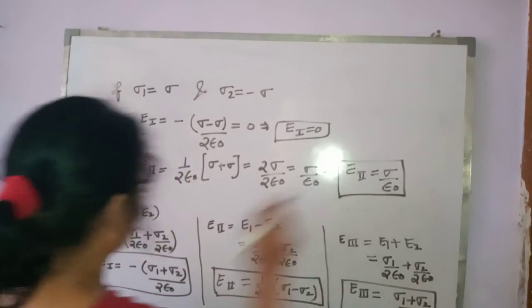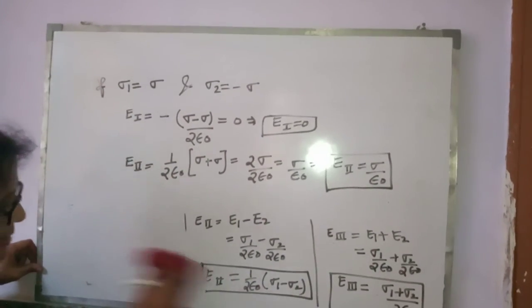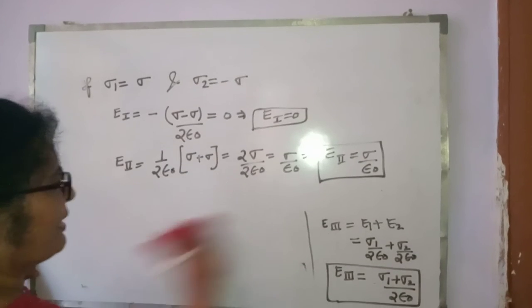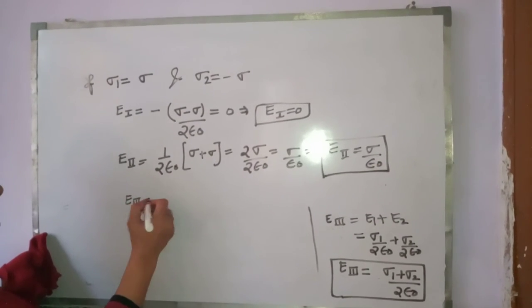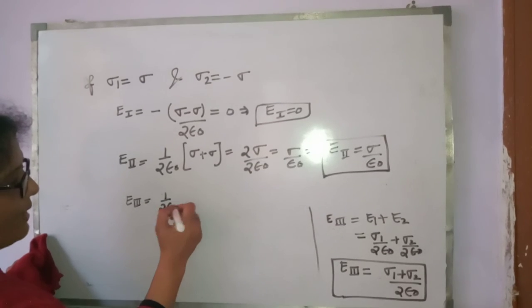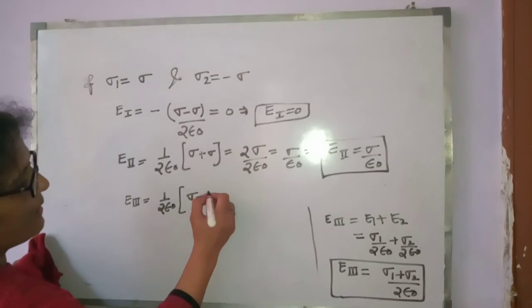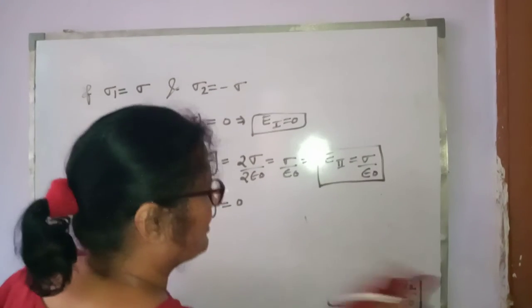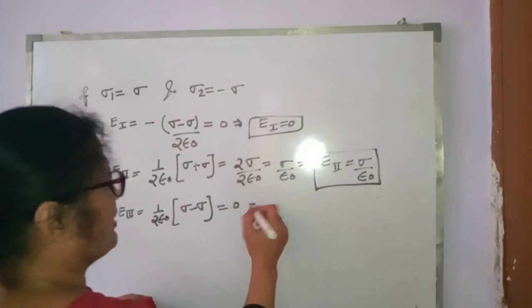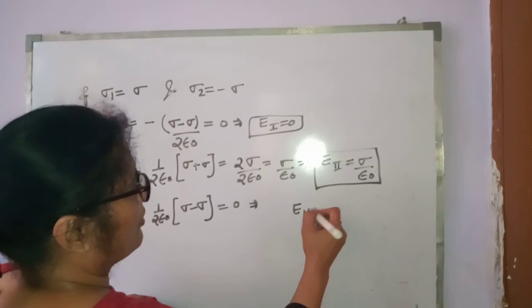And what happens for the third region? What is the value of the electric field in the third region? E third becomes equal to 1 upon twice epsilon naught times sigma minus sigma, which becomes equal to 0. That means for the third region also the electric field is equal to 0.